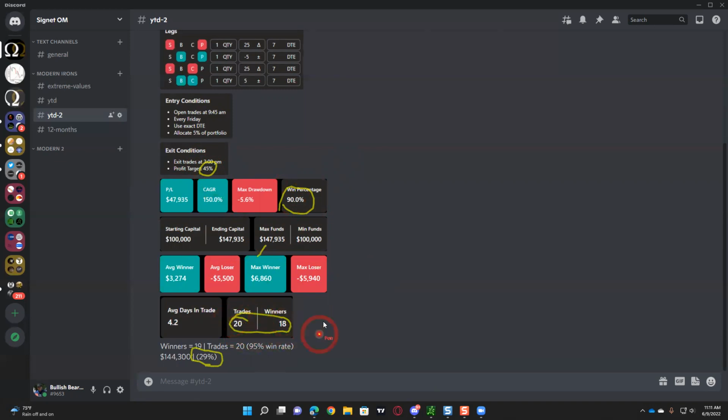So there were 2 losing trades, 90% win rate. Well, we can bump that up a little more, and we could actually win 19 out of 20 trades. But 19 out of 20 trades netted 44,300, whereas the other strategy netted 47,900. So almost 48,000. That's close to an additional $4,000.